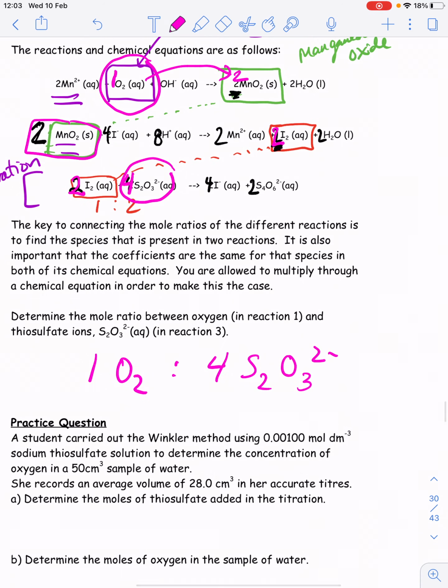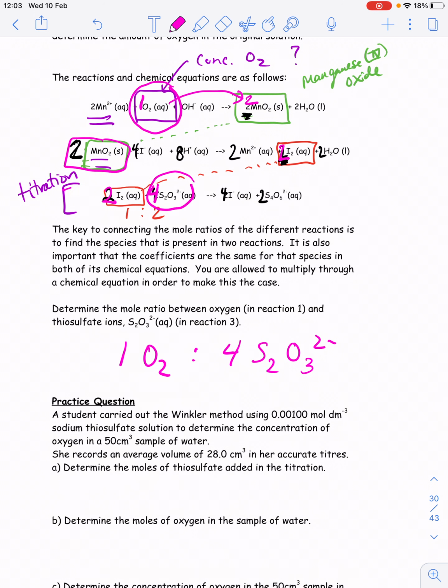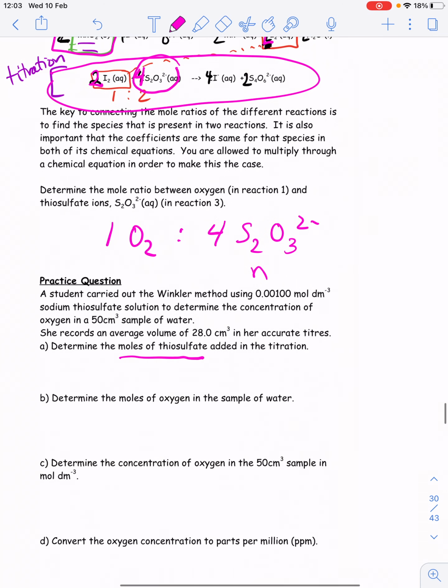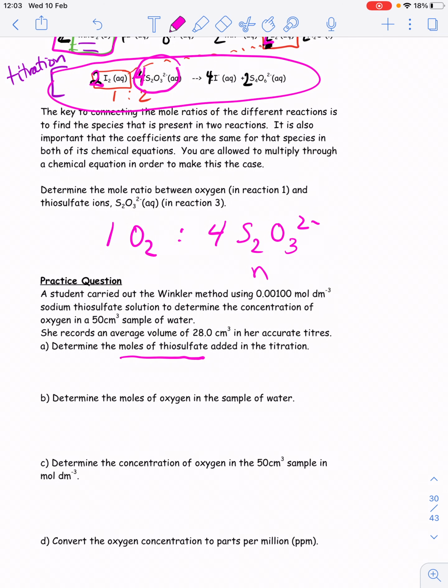So remember, in this one, the actual titration that we do is this last equation. So we're going to actually start out by figuring out the moles of thiosulfate, the moles of this stuff. And then all that work that we just did was to figure out the mole ratio, and that's what we're going to use in step 2.